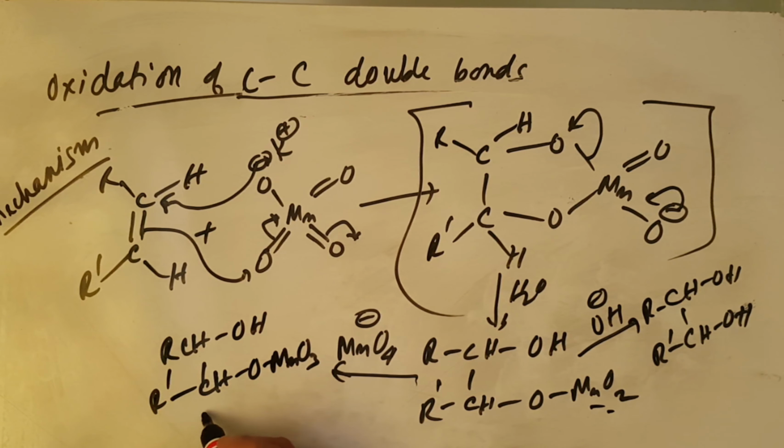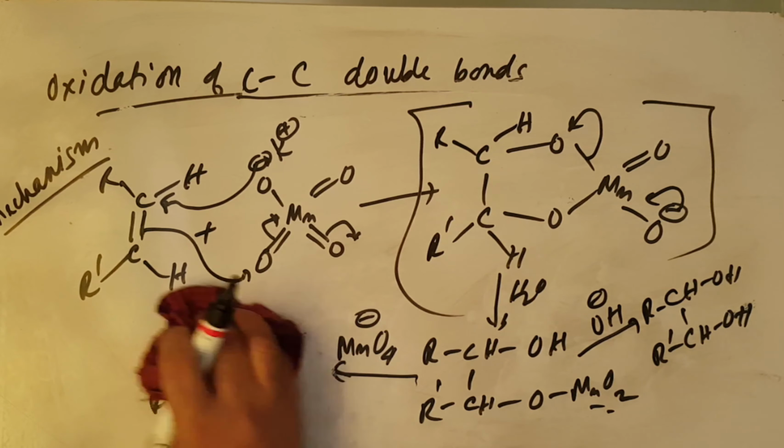So this is converted to R, CH, OH, then you can write this way R prime here. Can you see? I write it here.